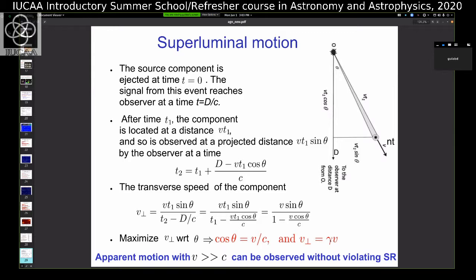But if v is close to c, then this Lorentz factor can be very large. So the Lorentz factor times the speed, which is already close to c, can give rise to a very large apparent speed, larger than the speed of light, and that's how you observe the apparent motion of this blob more than the speed of light without violating special relativity.